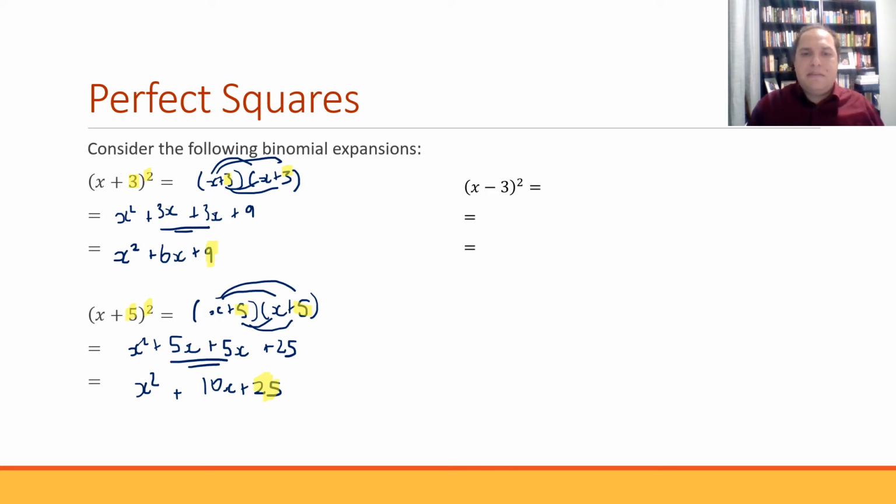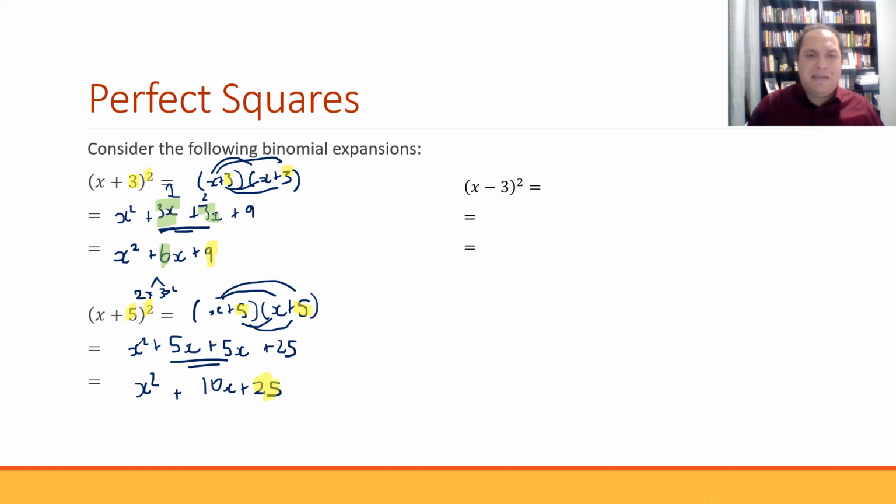Now this 6 in the middle, that came from the fact that we have one lot of 3x there and one lot of 3x there. So really, in this term here, we have two 3x terms, one 3x term here and a second 3x term here.